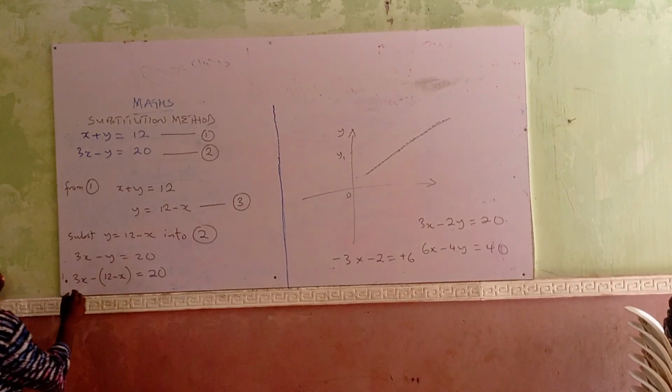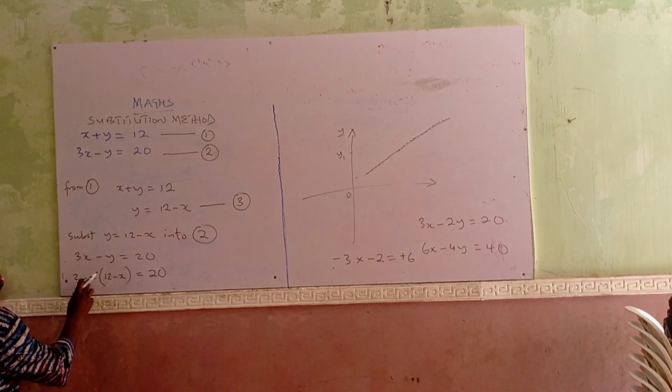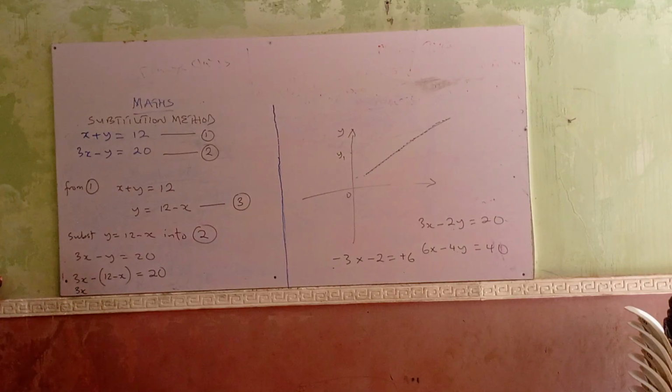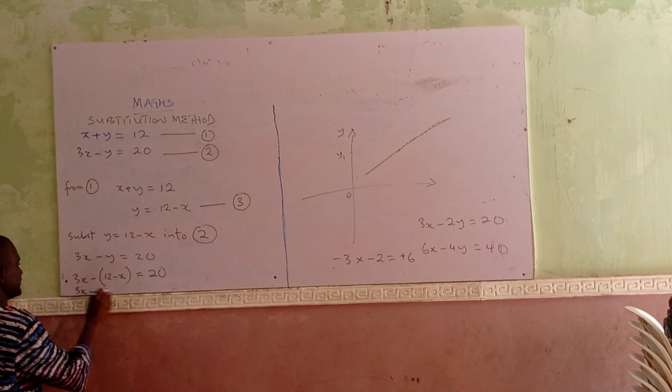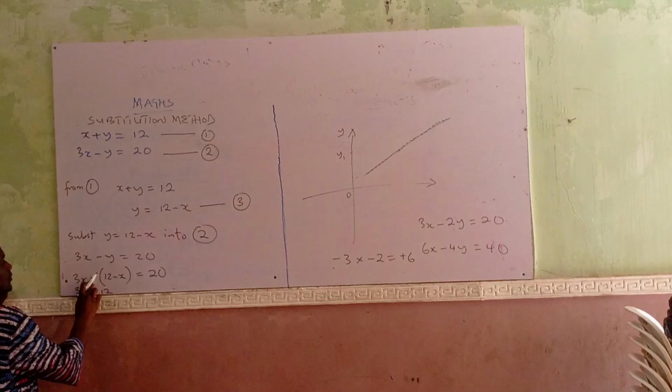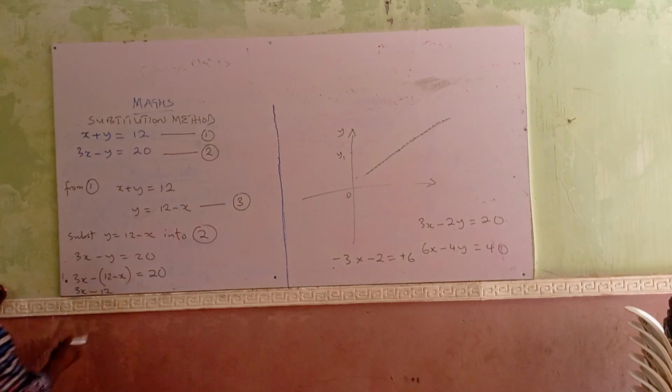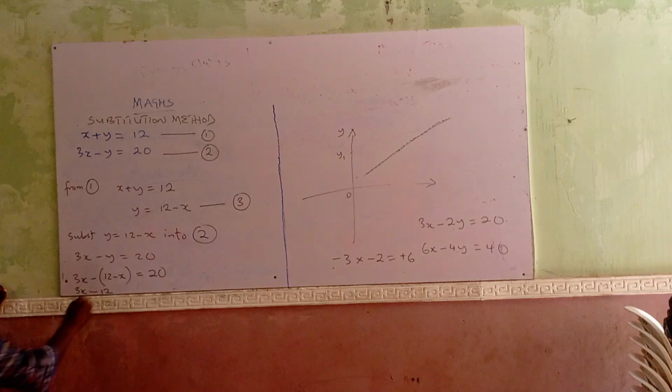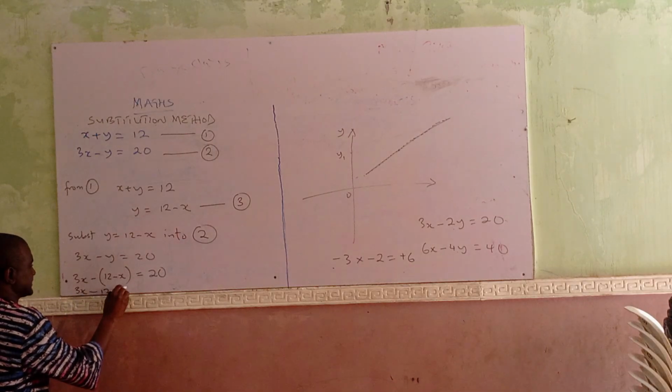So here we're going to have 3x. Minus 2 times 12 will be what? Minus 12. Minus 1 times minus x will be plus x. Okay, here did I say 2? It's not 2 here.